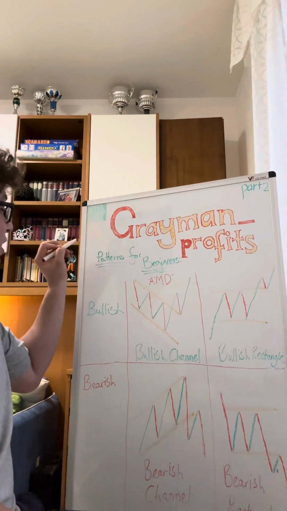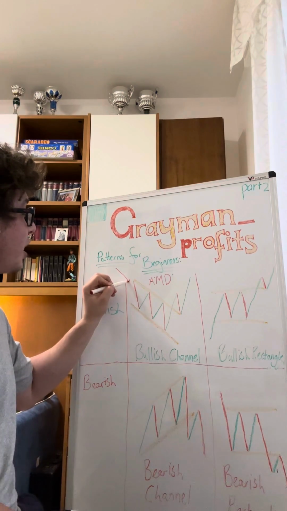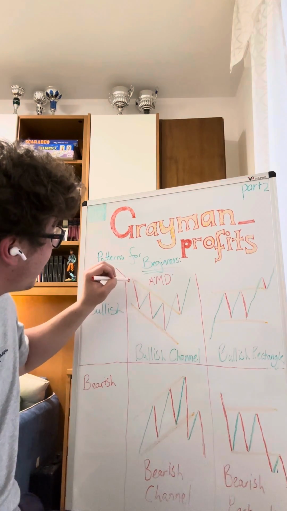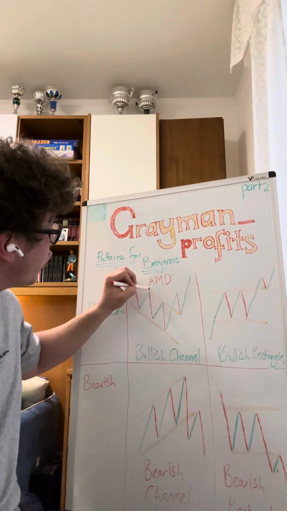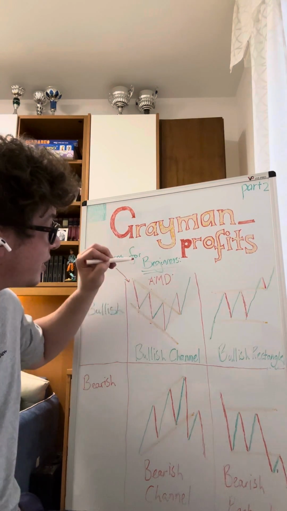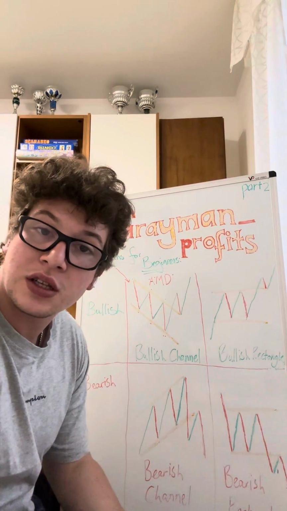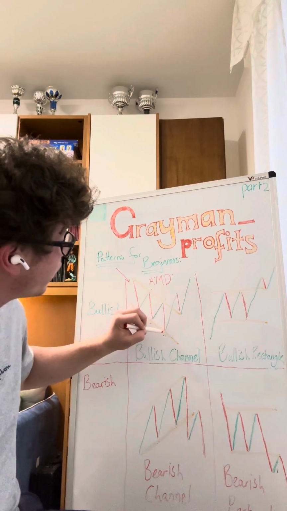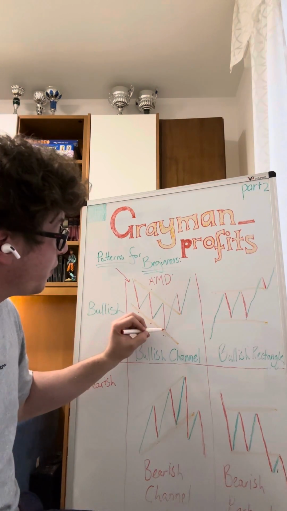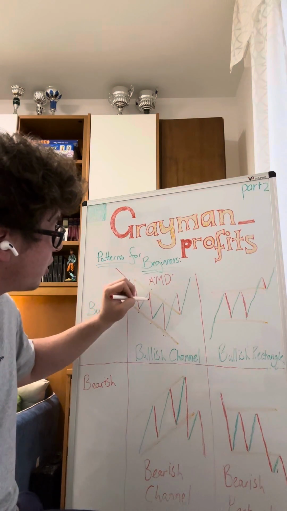What you'll see with this first one, the bullish channel, is that the first movement is a bearish downfall. So we go from higher highs to higher lows to, let's go, lower highs to lower lows to lower highs again to the lowest low. The reason I've indicated this is because instead of following this downward bearish trend, it has broken through the accumulation line.